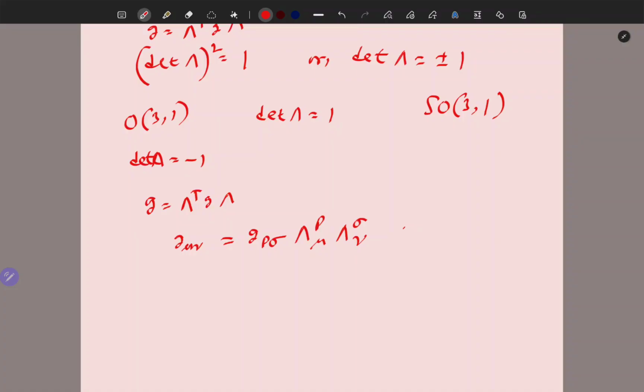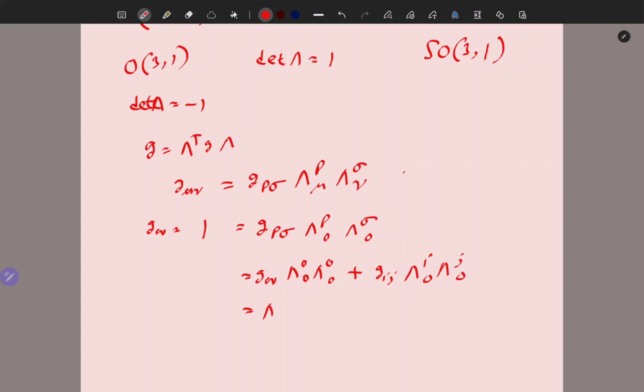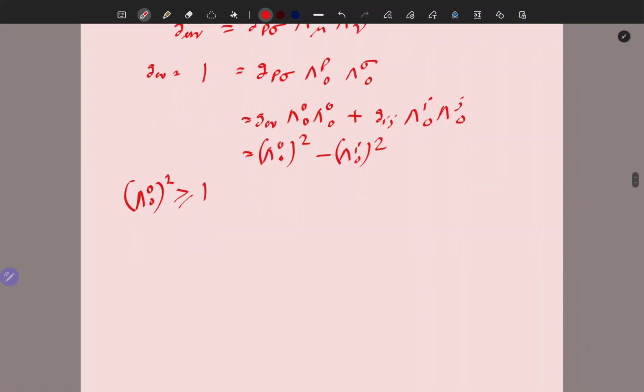In this, setting μ and ν equal to 0, we have G_00 = 1 = G_ρσ Λ^ρ_0 Λ^σ_0, and G_00 Λ^0_0 Λ^0_0 plus G_ij Λ^i_0 Λ^j_0, that is (Λ^0_0) whole square minus (Λ^i_0) whole square, so that (Λ^0_0) whole square is greater than or equal to 1. Thus proper Lorentz transformation has two parts, with Λ^0_0 greater than or equal to 1 and another part is Λ^0_0 less than or equal to minus 1.